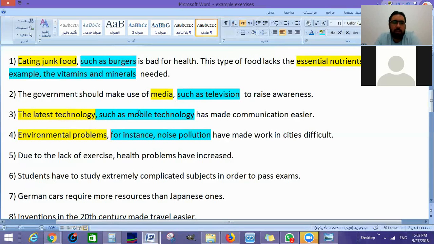So what is something that you could give an example of here easily? Health problems: diabetes, cardiac disease.